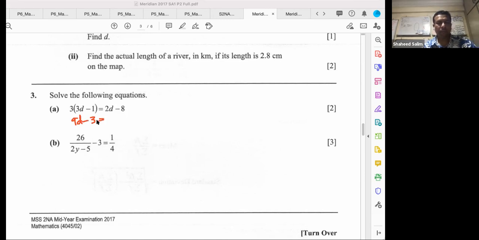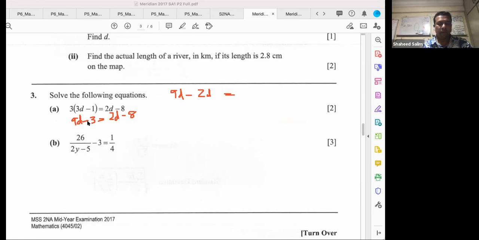Okay. Then you just leave it 2d minus 8 first. And then now you bring the d over here. So it's not as you have written 3d, because when you multiply already you get 9d, right? So it's 9d minus 2d. You see? You must do the expansion first. That's where you made the mistake.